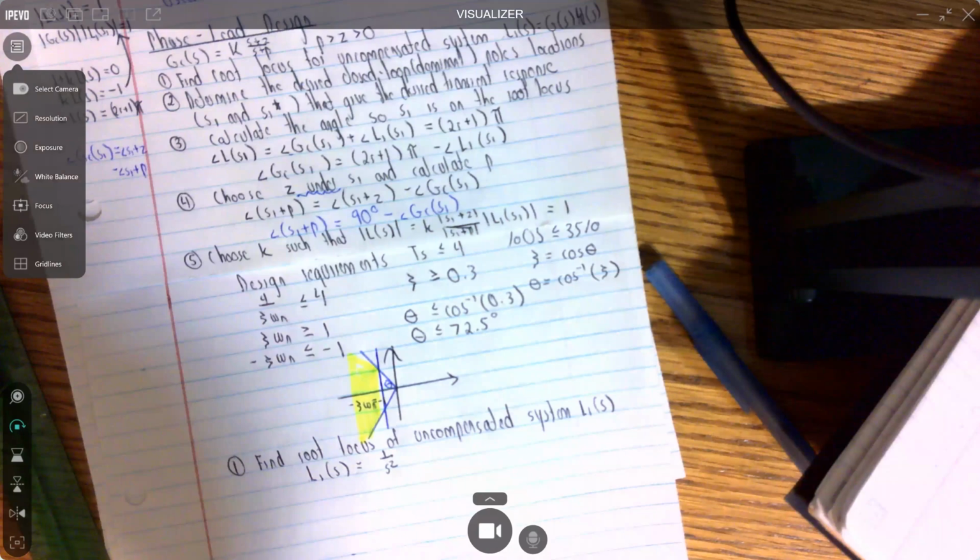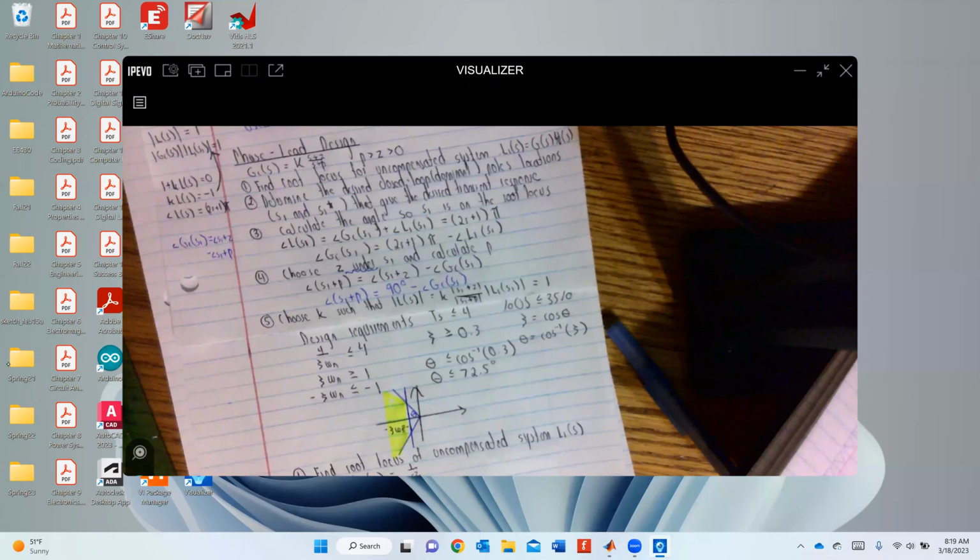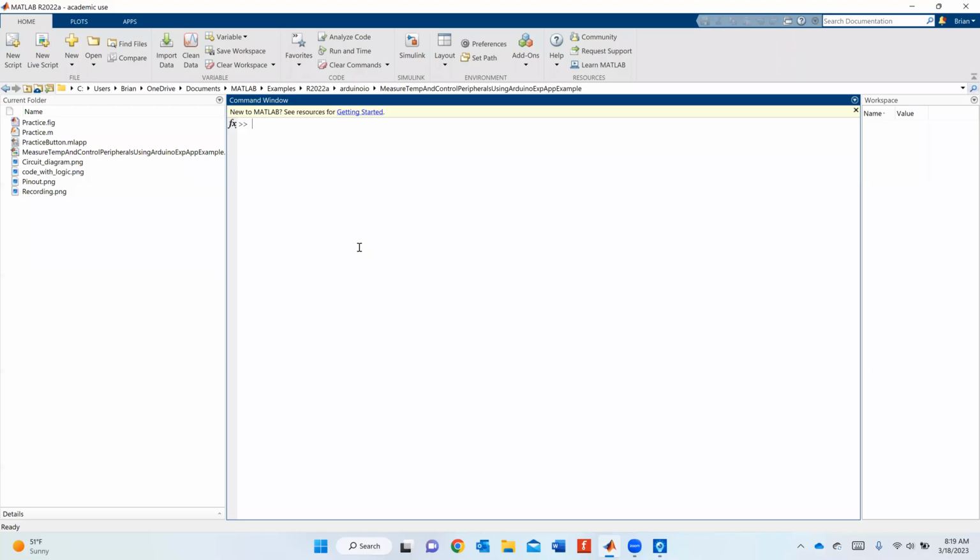And when we go to MATLAB, so we're going to say that S is a transfer function of S. And then we're going to say that our L1, which is our uncompensated system, is equal to 1 divided by S squared.